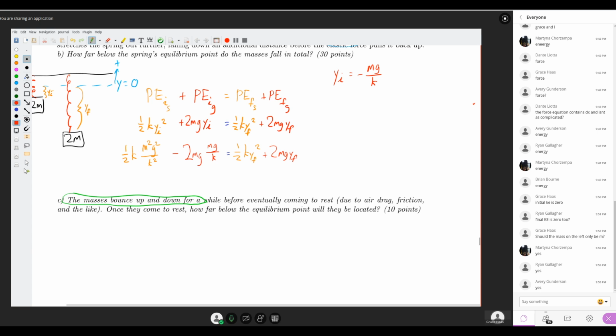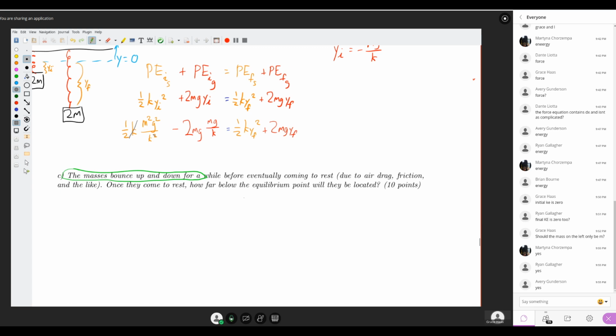So now we notice that the left-hand side simplifies. On the left-hand side, I can cross out those k's, and I can combine the mg's. So this whole thing on the left-hand side turns into minus 3/2 m squared g squared over k.